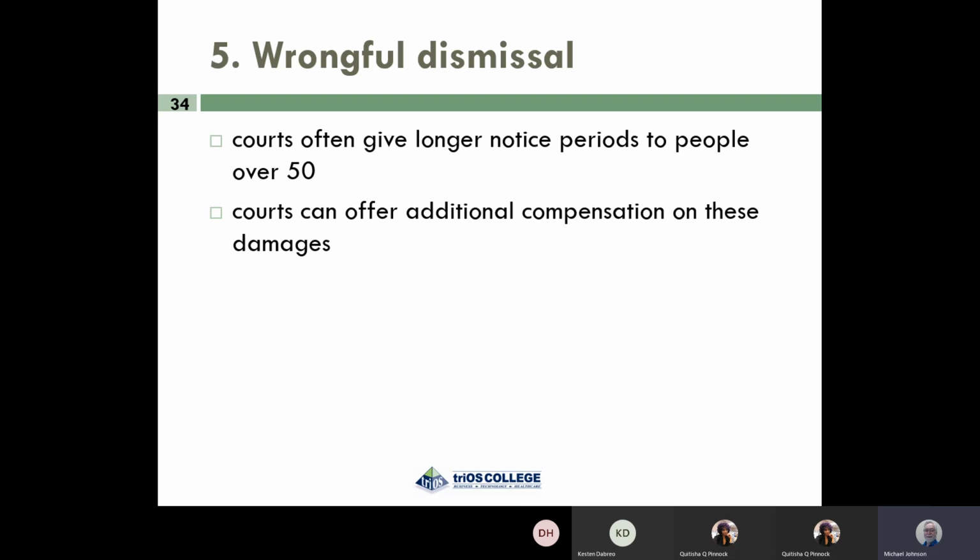Courts can offer additional compensation on these damages. And again, there are different types of damages. No judicial ceiling on damages. It depends on what those might be. Let's just say that an individual who was over 50 was removed from a job, and it was only because they conspired to get rid of them so they could hire younger people.